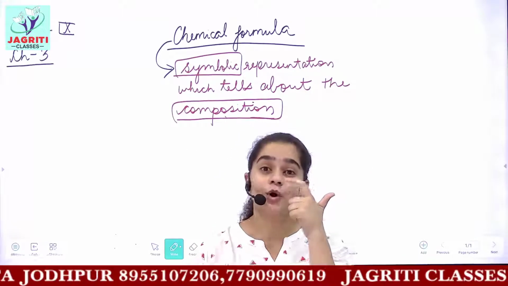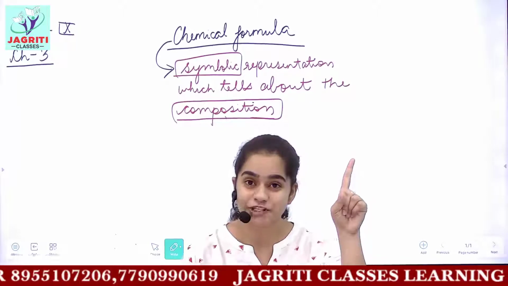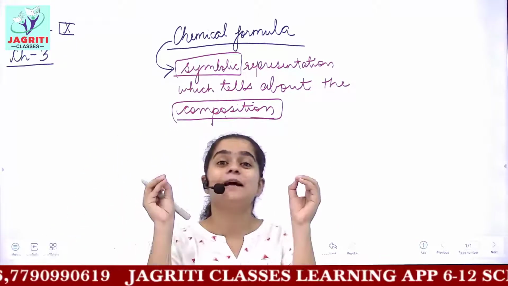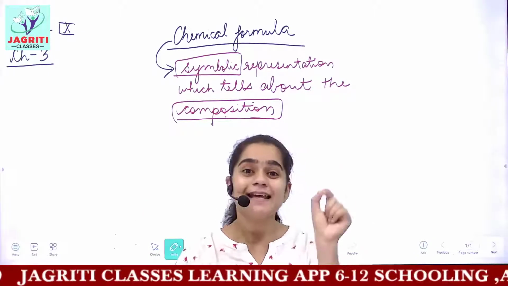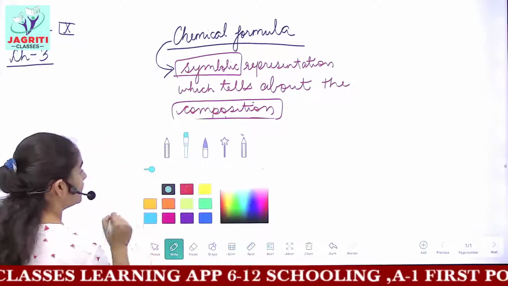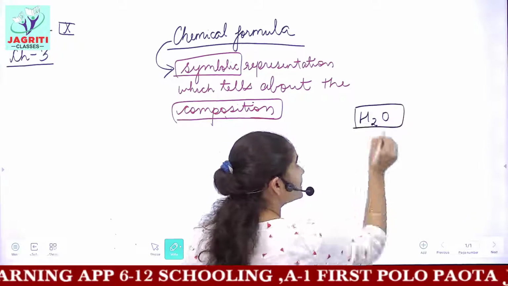We also saw at the start of the chapter two laws, that is the law of constant proportions. In that we studied that if two elements combine together in a particular or fixed ratio, then they give rise to a particular compound. For example, to form water, what is the perfect ratio?